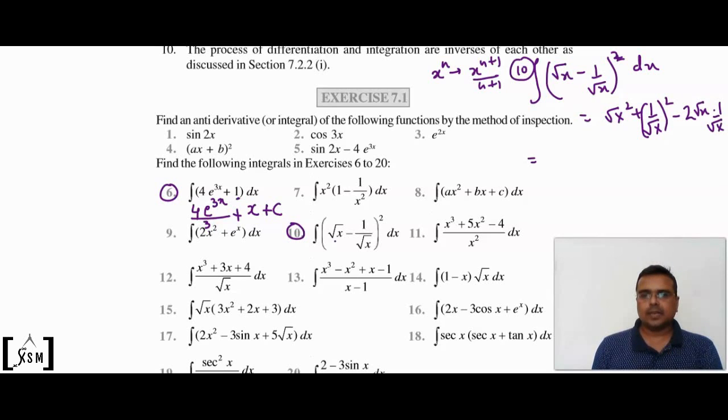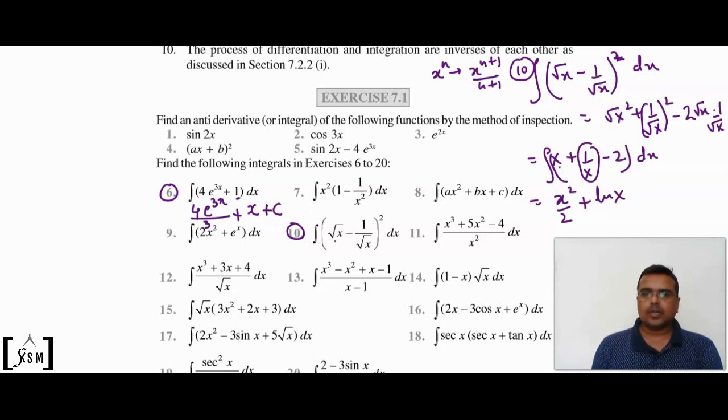So I am simplifying it further. Root x square is just x, plus 1 over x, minus 2. Integration of that. Now integration of x is x square over 2. The power increases by 1 and we divide by the same number. Plus 1 over x integration is ln x.